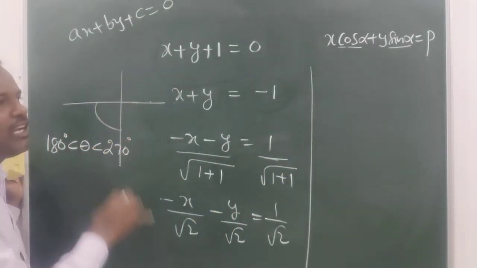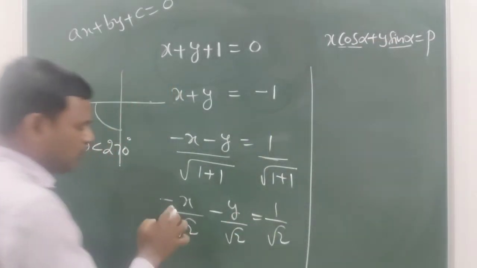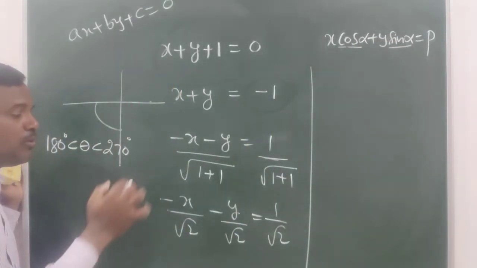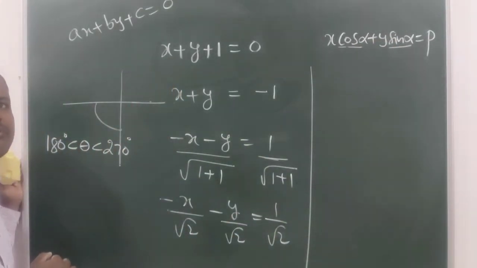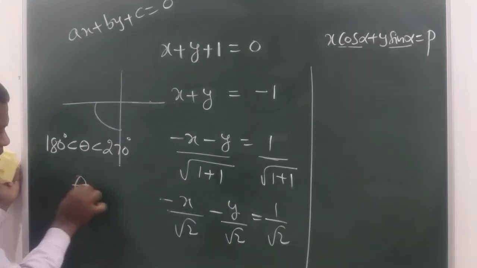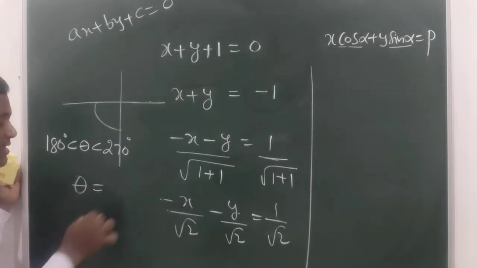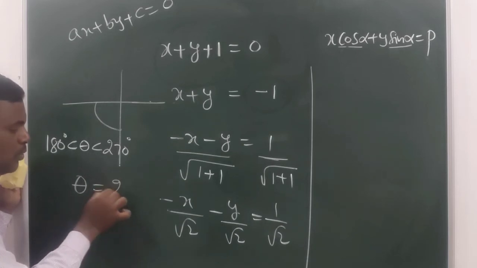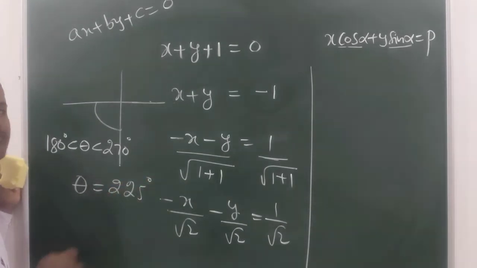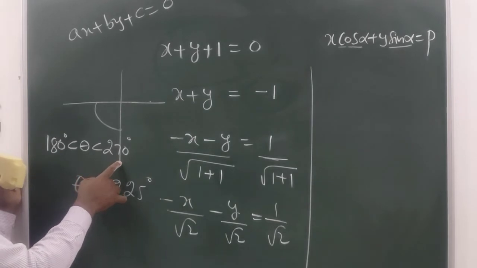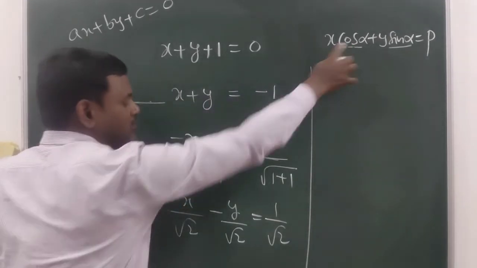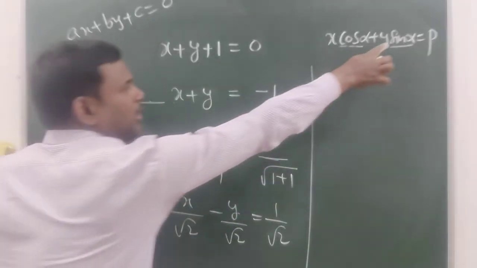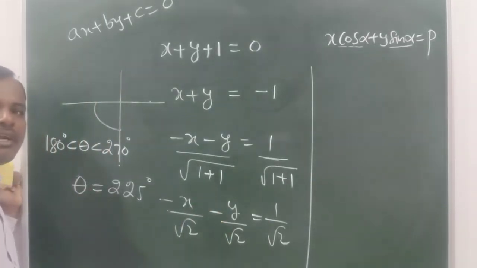At which angle? Tell me. Our required angle is 225 degrees, which belongs to this interval where cos is minus 1 by root 2 and sin is minus 1 by root 2.